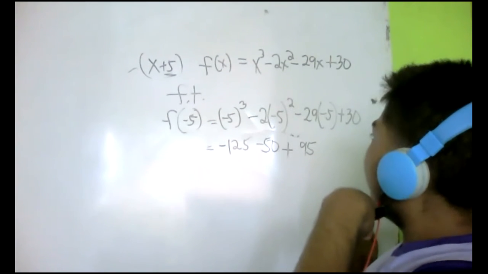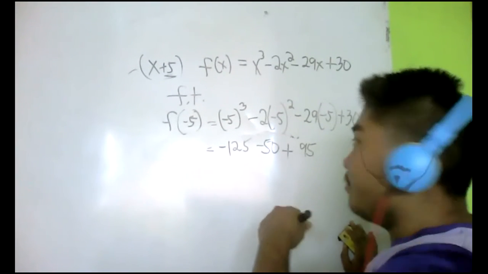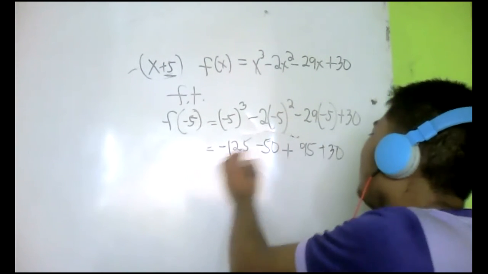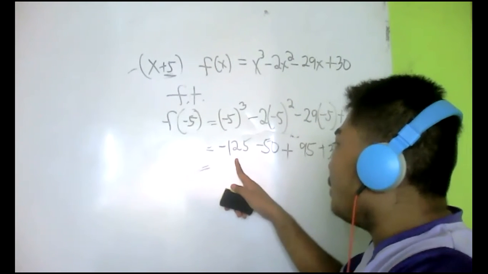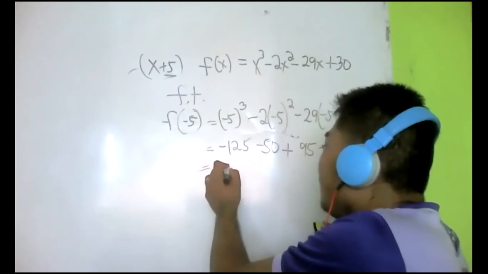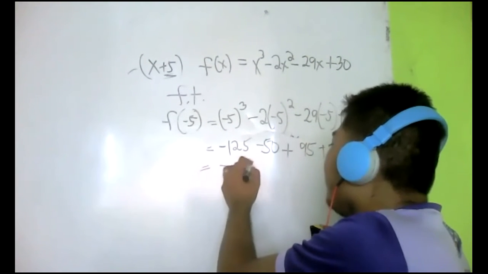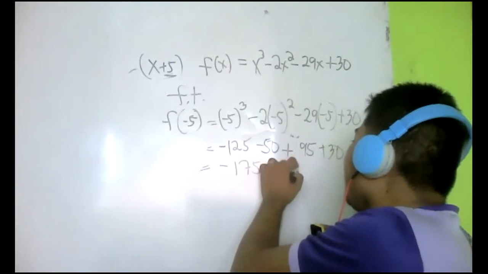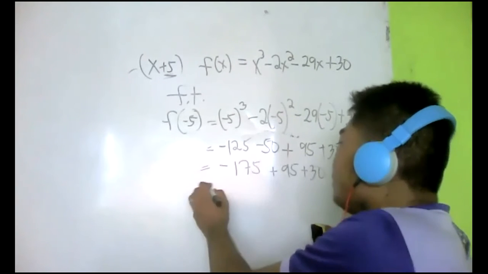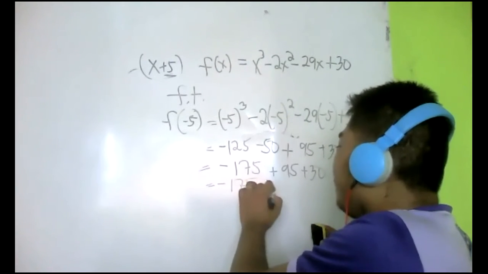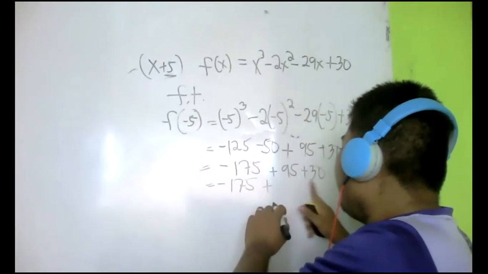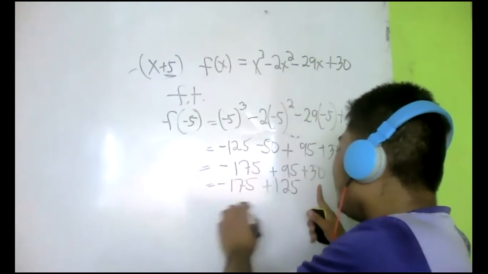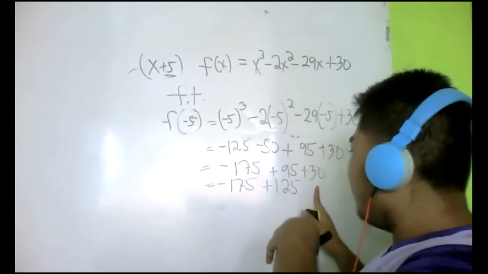Tama ba? No, sir. Plus 30. So negative 125 minus 50 is negative 175 plus 95 plus 30. So negative 175 plus 95, that's 125. Mali na naman.